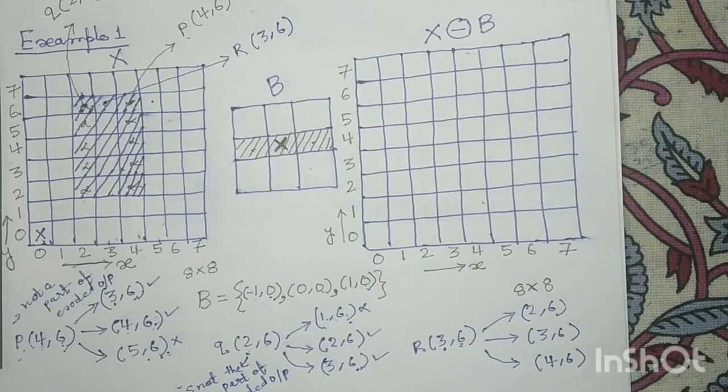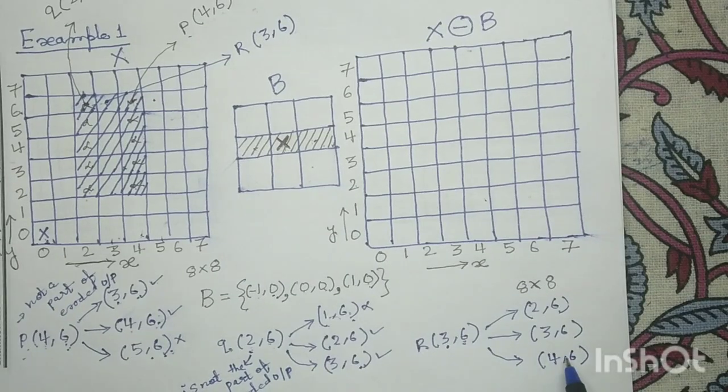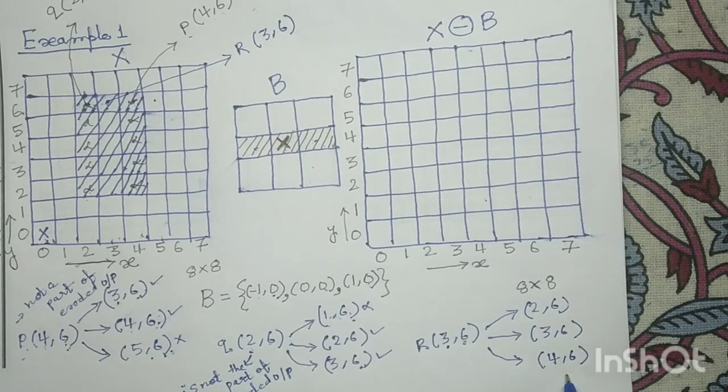Now we will check whether 2, 6, 3, 6 and 4, 6 are part of the image set X or not.